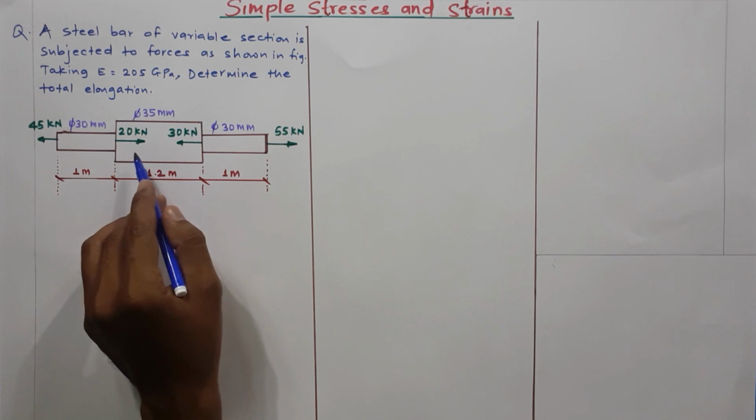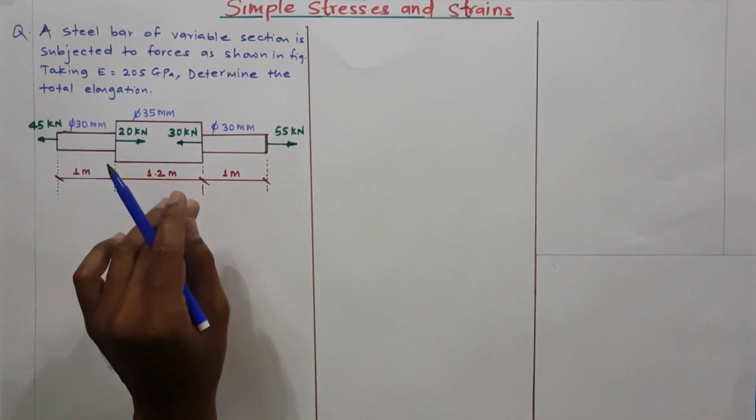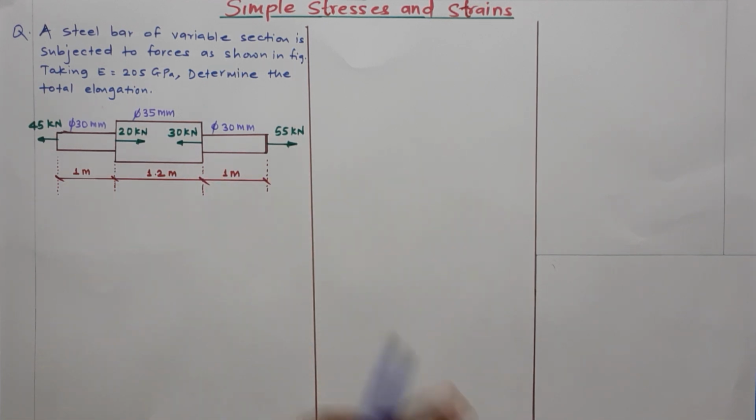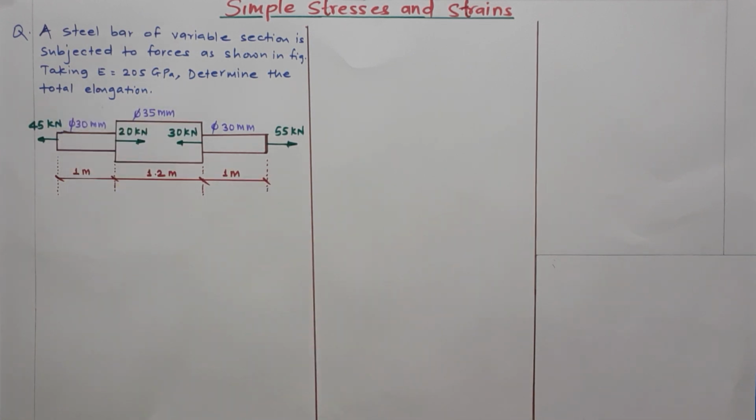External loads apply on that steel bar, and its cross section is not the same throughout its length, it is variable. Then find out the total elongation produced in that steel bar. We have to find the total change in length. Let's see how to solve that numerical.